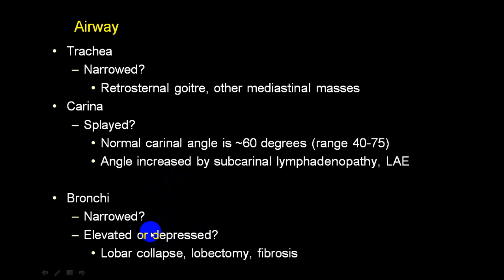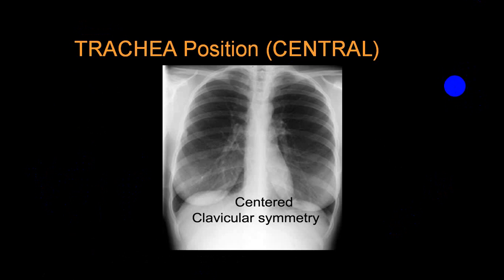So depending upon which lobe is collapsed, or has fibrosis, thickened pleura or lobectomy, it will be either pulled up or pulled down. That will happen to the bronchi, and that will also shift what we call the bronchovascular marking. Hilum will be pulled up or pulled down along with collapse, lobectomy and fibrosis.